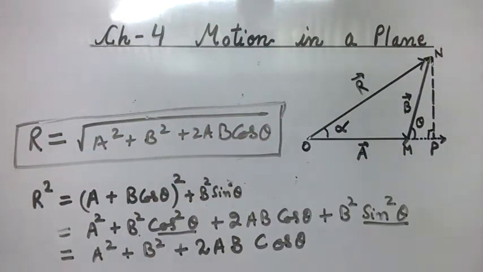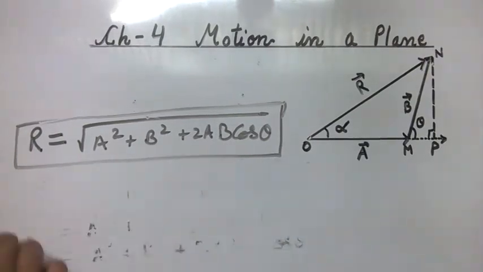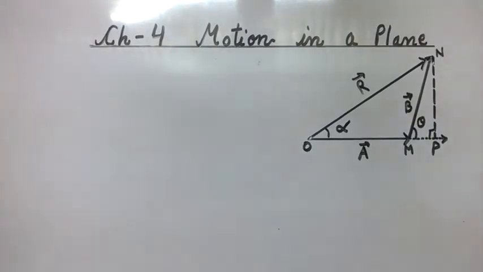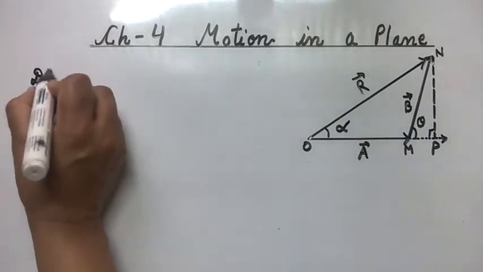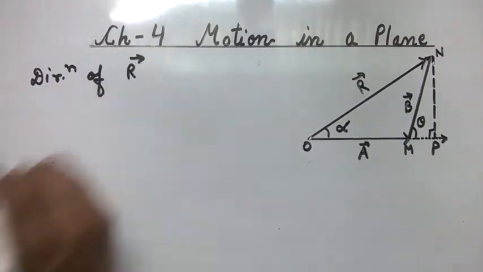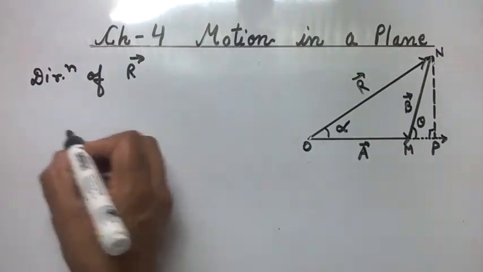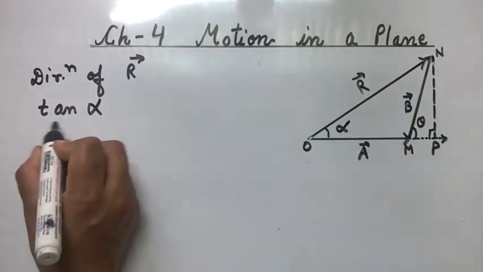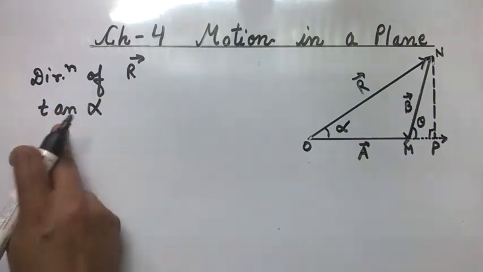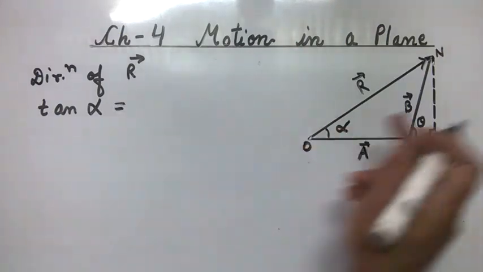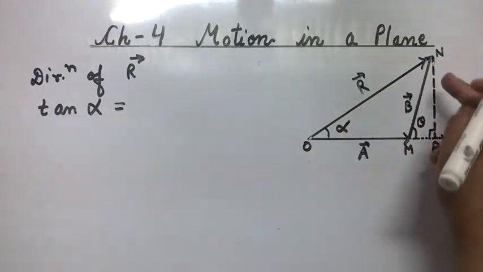Now we can find its direction also. Direction of vector R is given by tan alpha, and we know that tan is equal to sine by cos. So here just consider this triangle ONP.